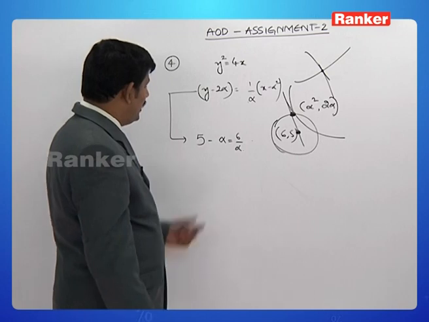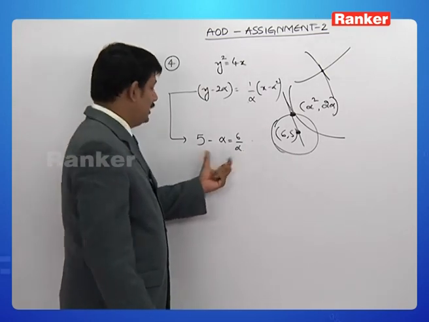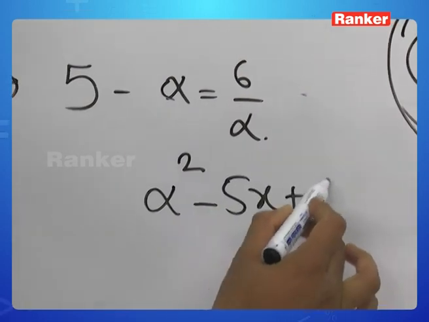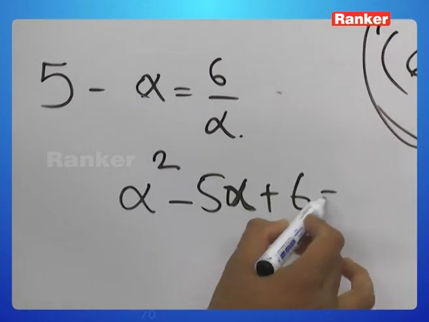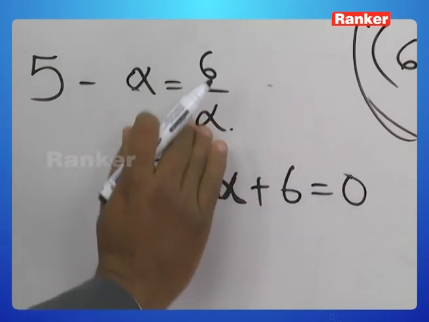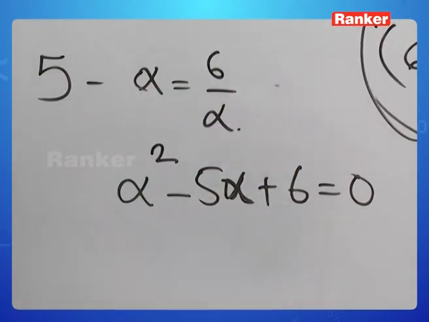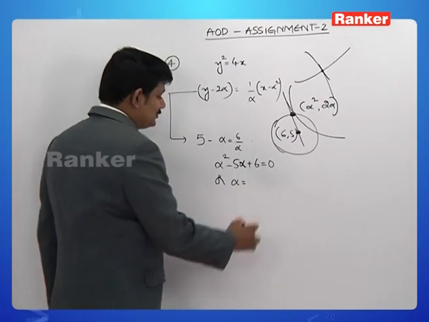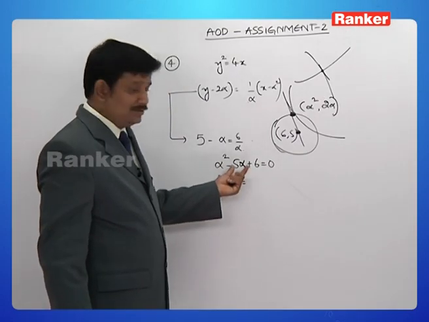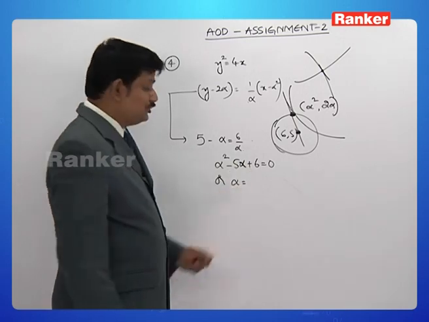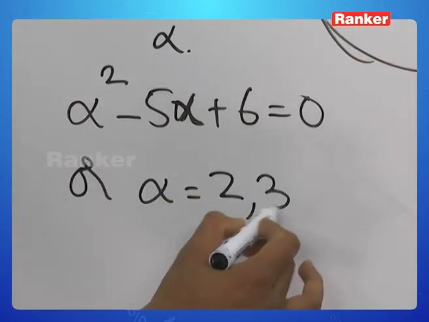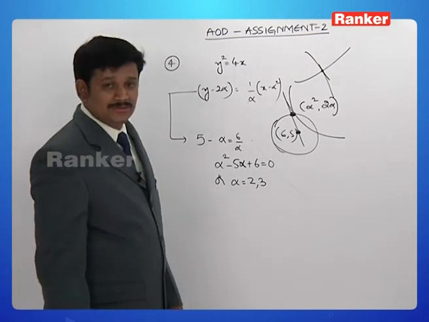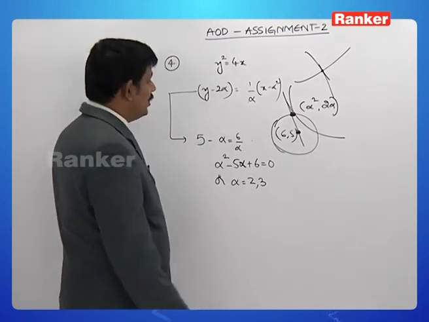So now I have a quadratic equation in terms of alpha: alpha square minus 5 alpha plus 6 is equal to 0. You can see the roots are 3 and 2. Alpha is either 3 or 2. So we have two possible points of intersection.